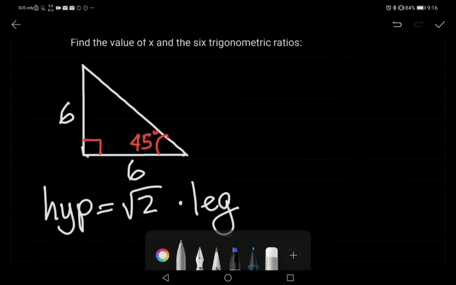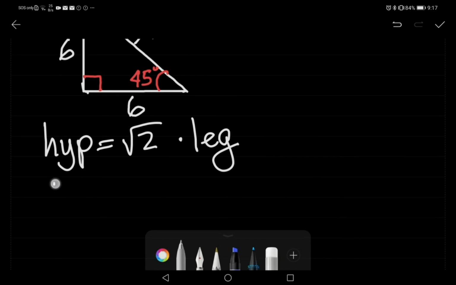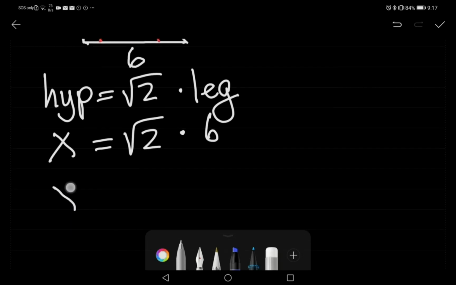So this is the hypotenuse x. So we'll write here x equals square root of 2 times the leg, which is 6. So x equals square root of 2 times 6, or we can write 6 square root of 2.